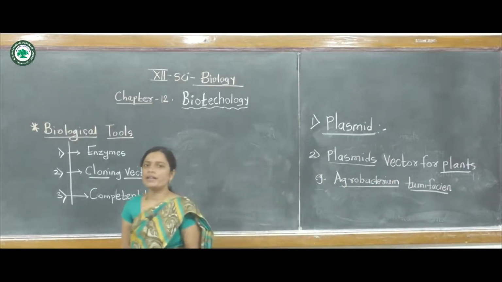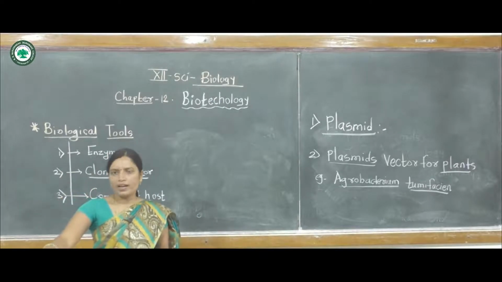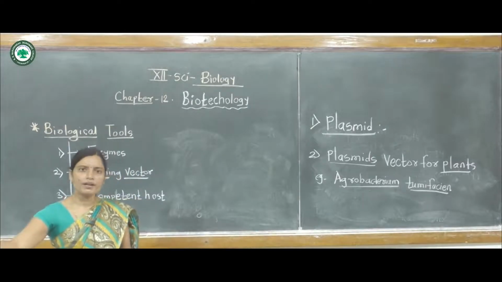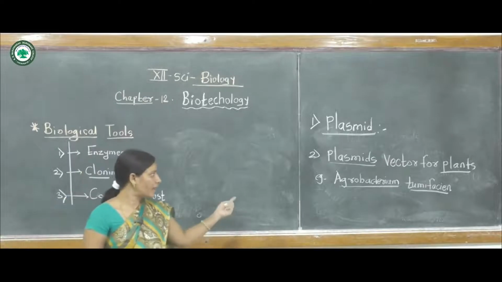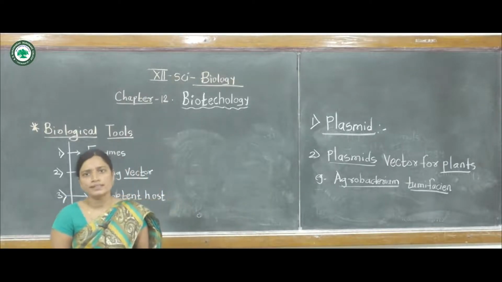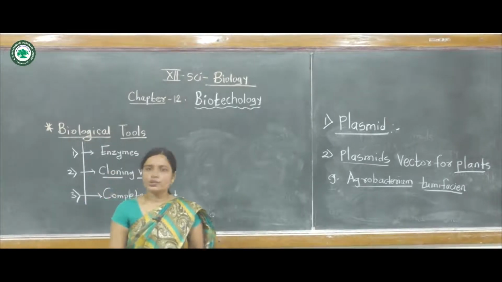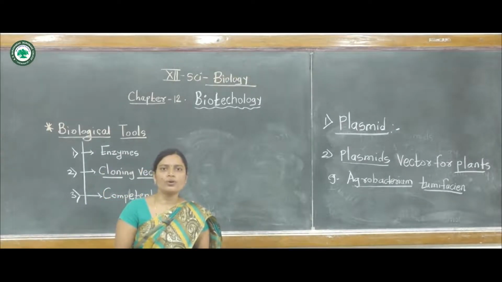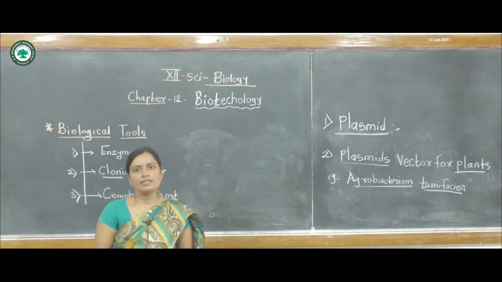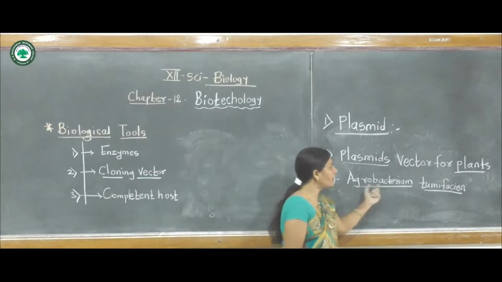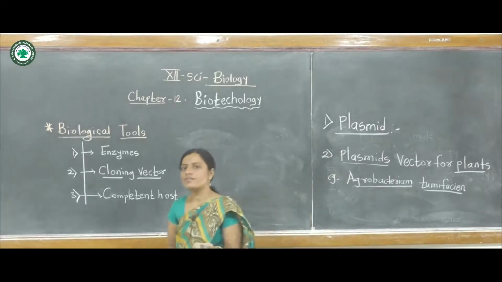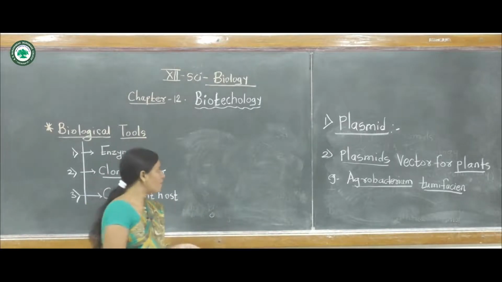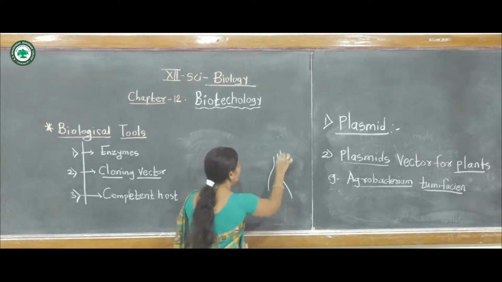This Agrobacterium is a bacterium that lives in soil, but this Agrobacterium tumefaciens causes a disease in plants, like tumor formation, meaning crown gall or tumors grow in the root region of plants.